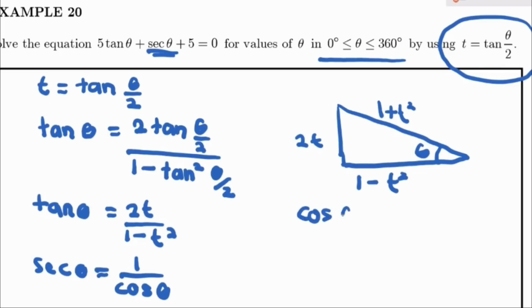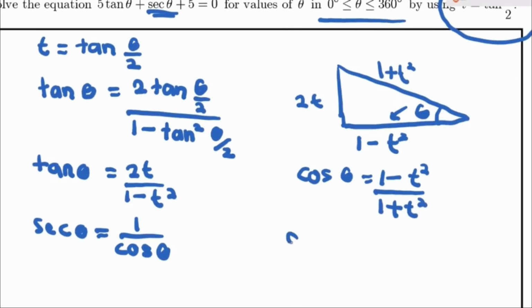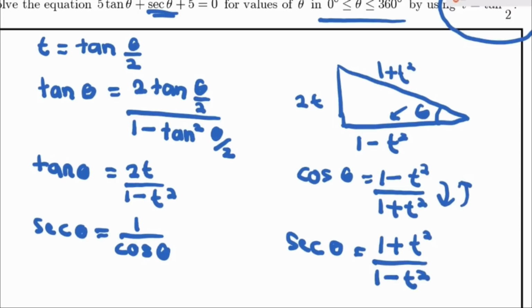So cos theta equals adjacent over hypotenuse, 1 minus t square over 1 plus t square. So to get secant theta, we swap the denominator and numerator. So this one is 1 plus t square over 1 minus t square.